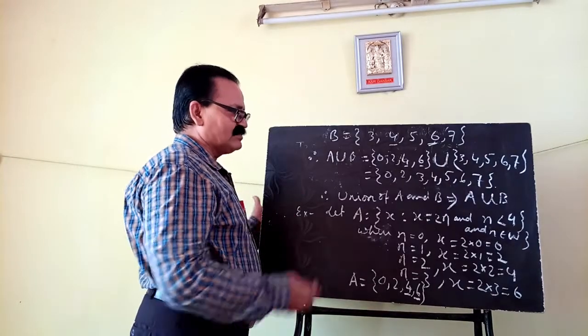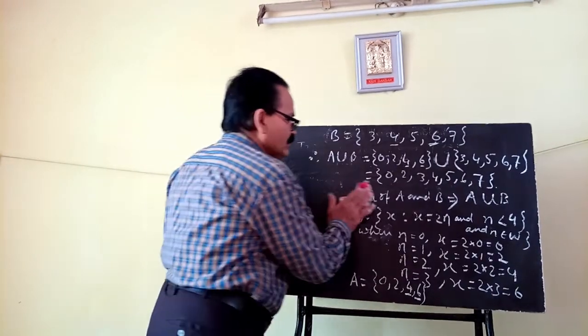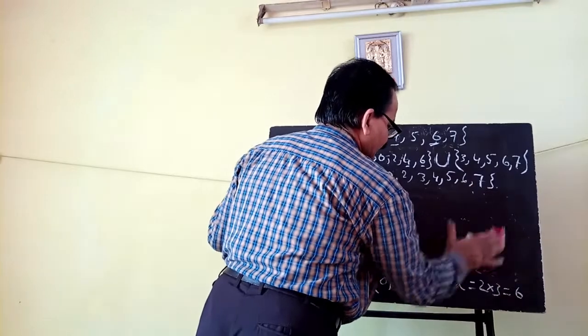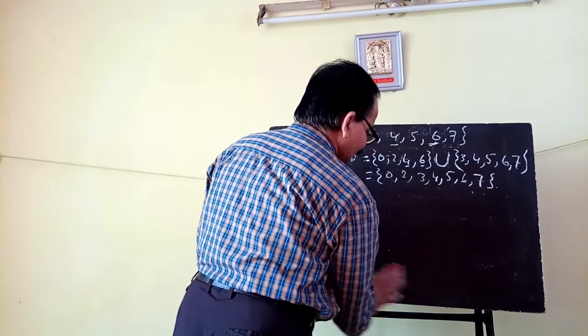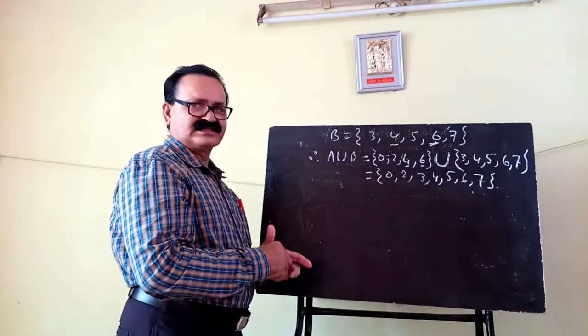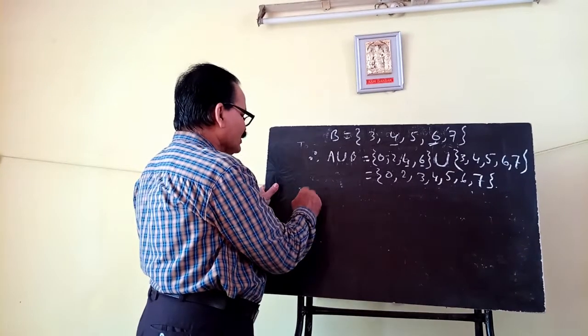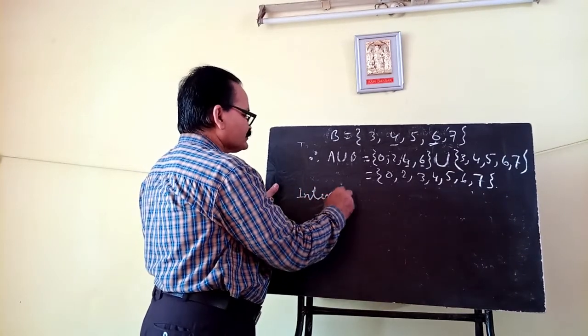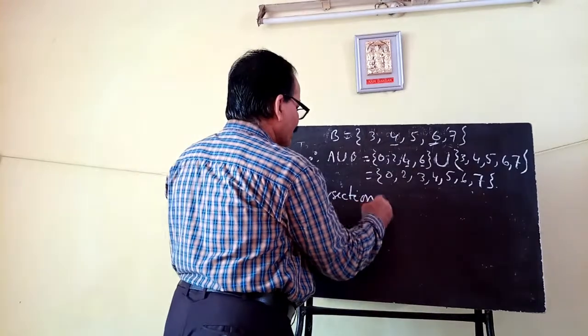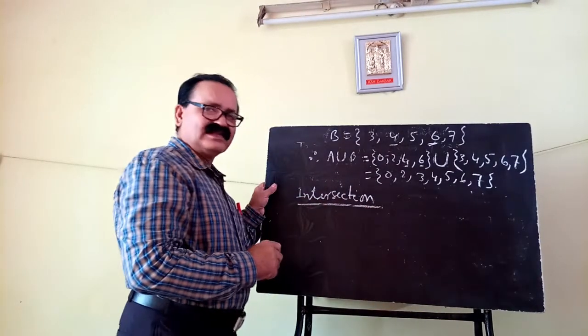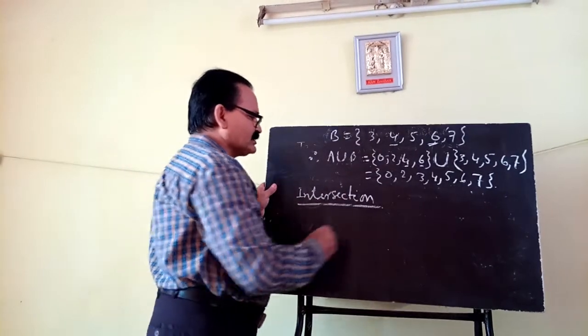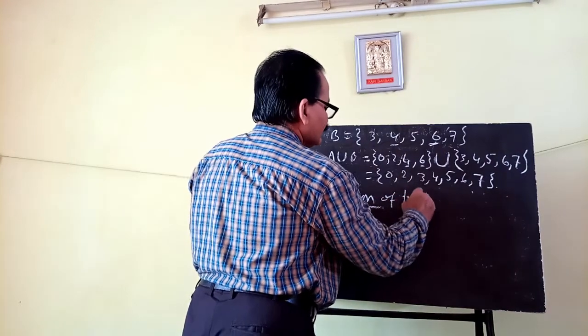Now the next part of this topic, after union, is the intersection of two sets. Apart from union, there is another mathematical operation, that is the intersection of two sets.